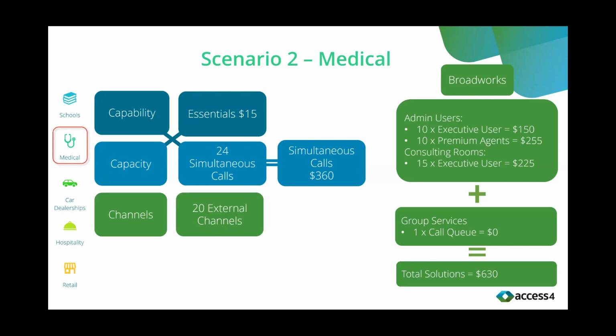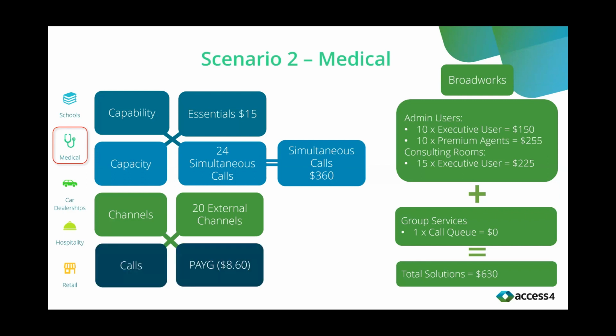Then if we look at the channels, we've got 20 external channels to allow most of the people within the business to make a call at any one time, but also to allow for queuing within the business. And they want to have the calls at PAYG because they don't make too many calls. They do receive a lot of calls, but when they do make calls, they're not too long and they're usually local or national, so they're not as expensive, or even to mobile to a degree, but they're generally fairly short because they're giving information to someone or asking them to attend the doctor's surgery or the medical centre.